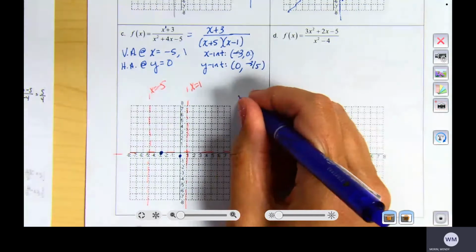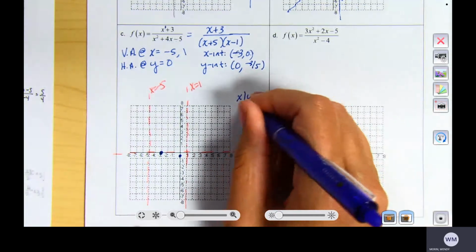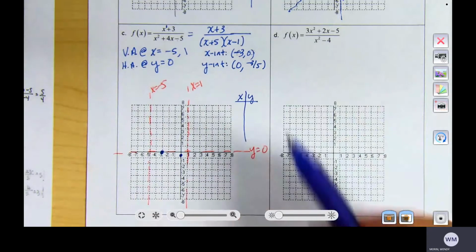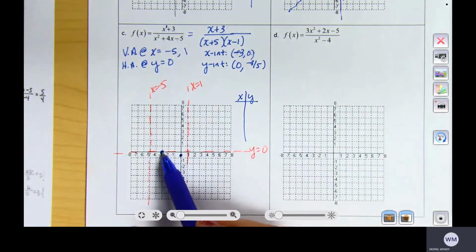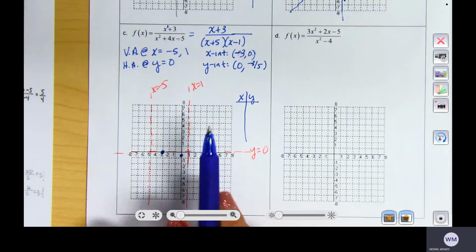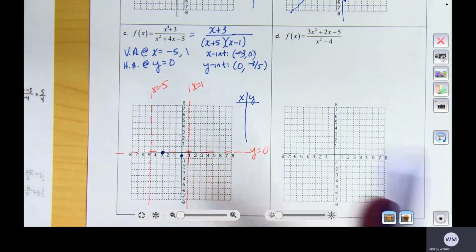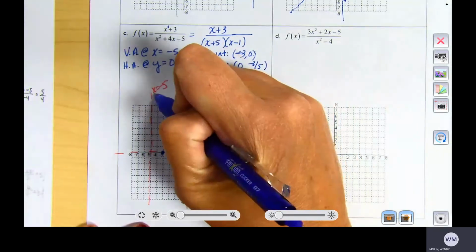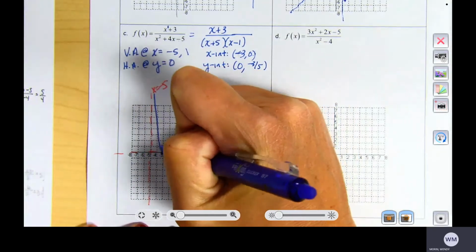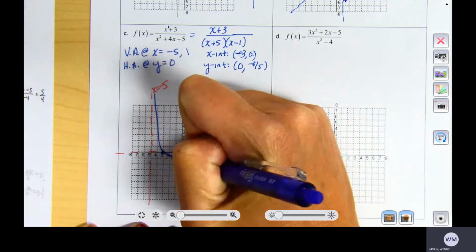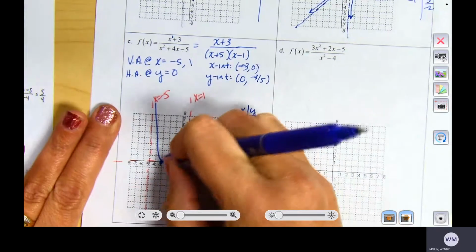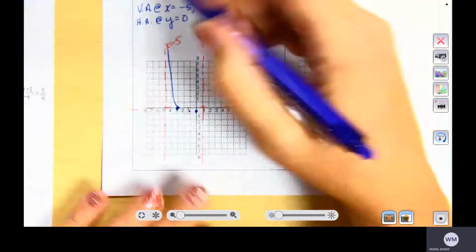Let's make a table. Let's plot some points to see what happens. All right. Well, if I know that it's going to go through here and it's going to go through here, and I have vertical asymptotes, I know it has to approach those vertical asymptotes, and it has to go through those 2 points. So I know that this is a sketch. It has to look something, whoops, yeah, maybe I took the curve a little bit too tight there. I'm not tight enough.